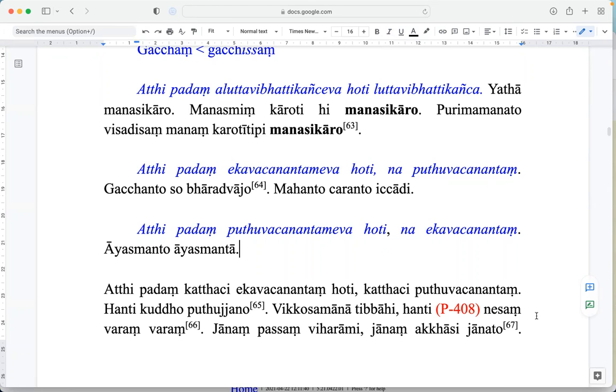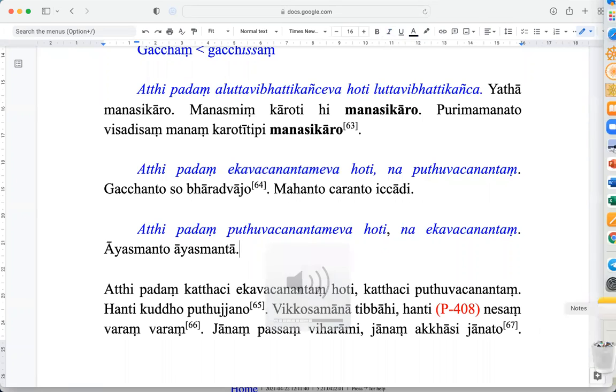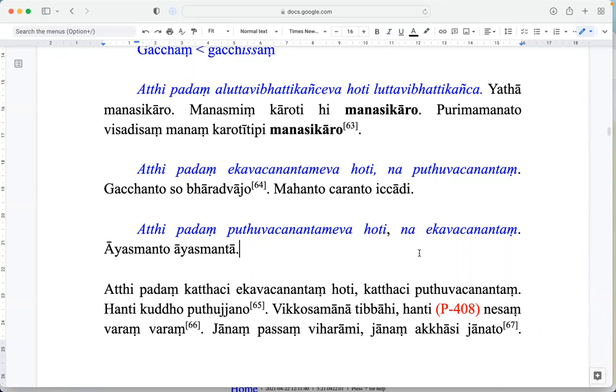So that means the present participle, like gachando, is only in the ekavacana, not in the bahuvacana. But when we come to the possessive adjective, like mando, there is only bahuvacana, not ekavacana, right?